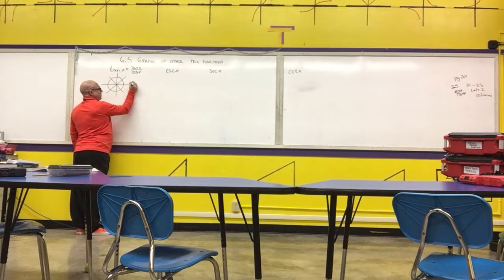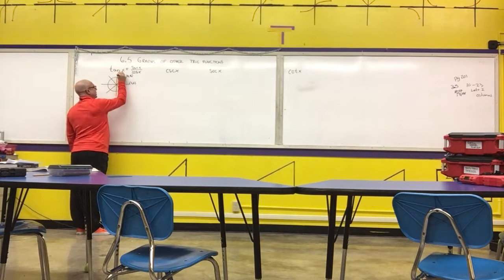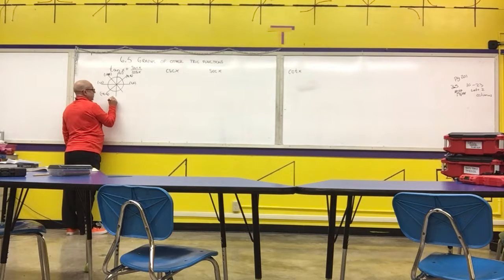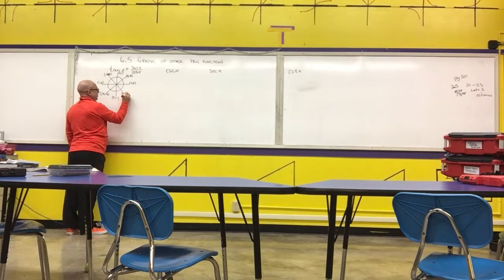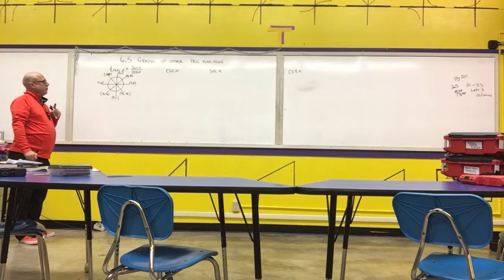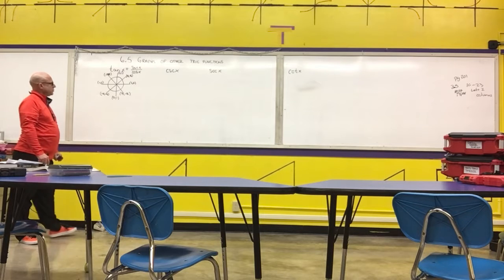Cosine is 1, sine is 0; square root of 2 over 2, square root of 2 over 2; 0, 1; negative square root of 2 over 2, square root of 2 over 2; negative 1, 0; negative square root of 2 over 2, negative square root of 2 over 2; 0, negative 1; square root of 2 over 2, negative square root of 2 over 2. Those are the x and y coordinates for the information that I'm going to use to graph this.